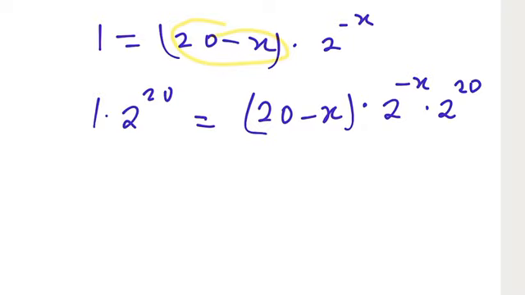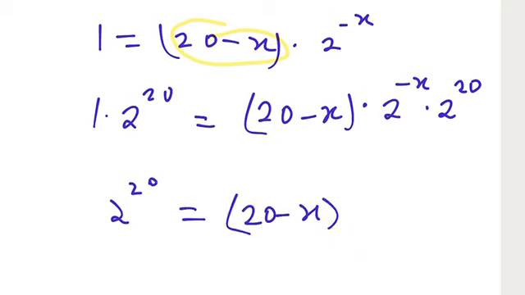So now we're going to have 2 to the power of 20 equals 20 minus x, then I have 2 raised to the power of minus x and 2 raised to the power of 20, so they have the same base, so we can have the power to be 20 minus x. So can you see now? That is our idea, to make sure that this and this are the same. Alright, so that's why I multiply both sides by 2 to the power of 20 before.